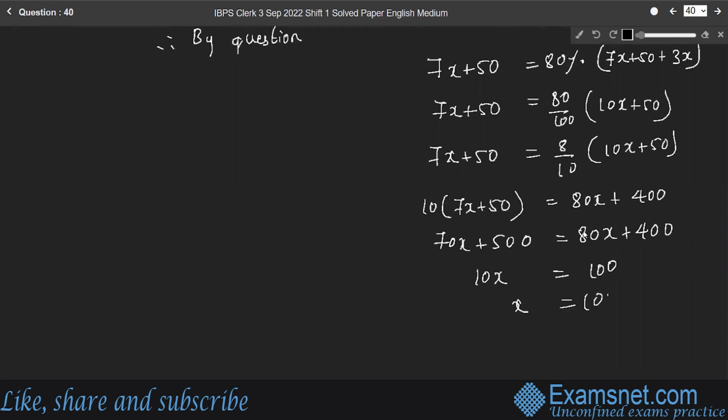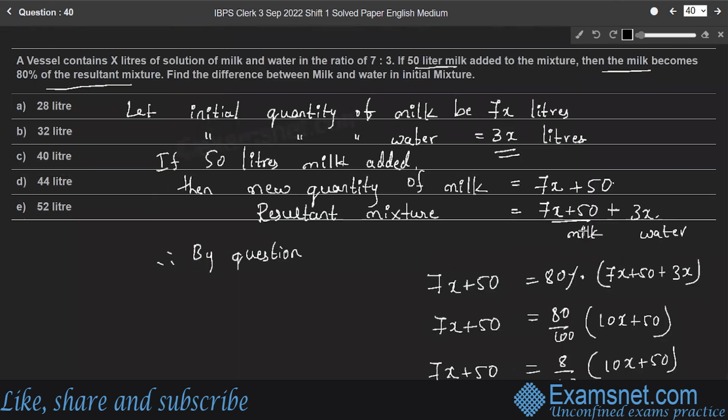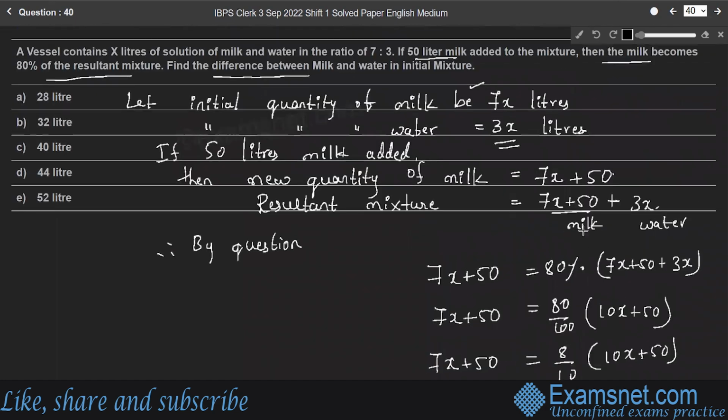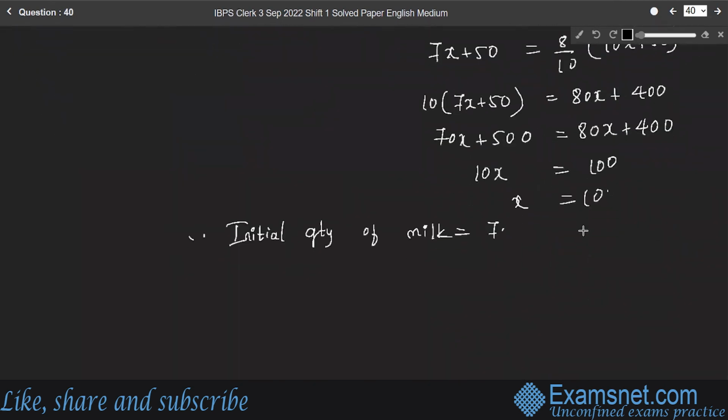So we need to find initial quantity of milk and water, because finally we are finding difference between milk and water in the initial mixture. Initial quantity of milk is 7x and water is 3x. So 7x is equal to 7 into 10, which is 70 liters.